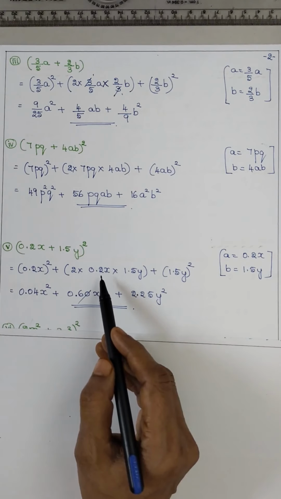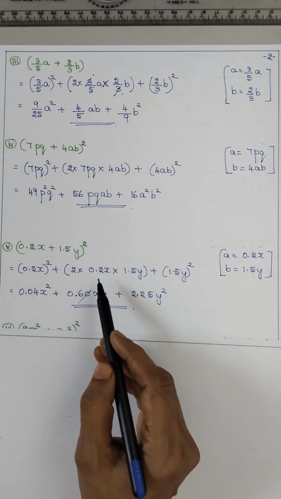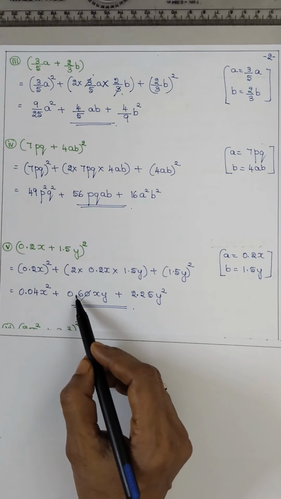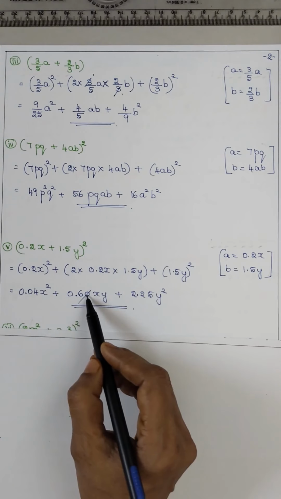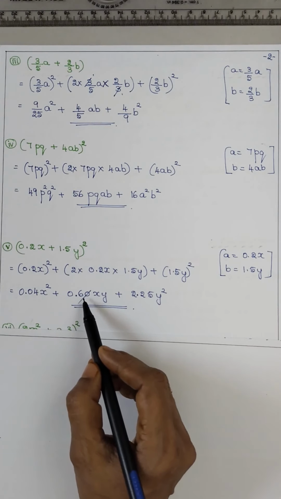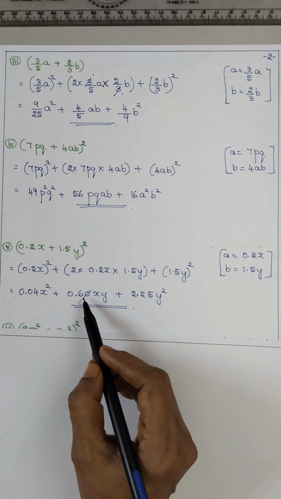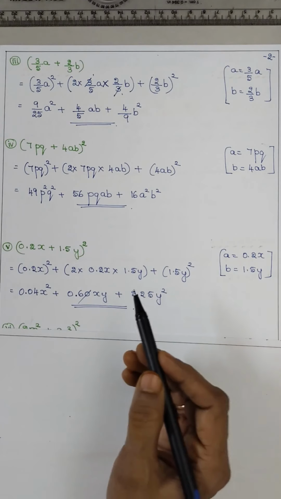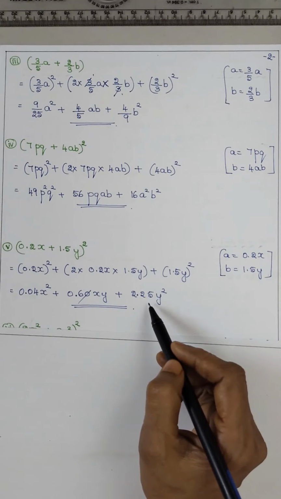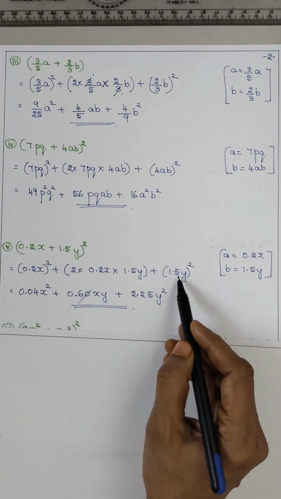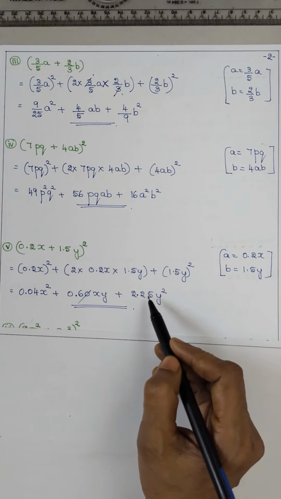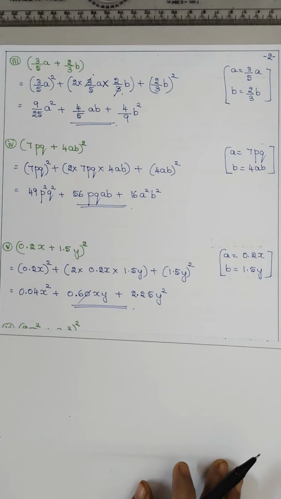Add the decimals means the one decimal multiplied by the one decimal place, in the answer it will be two decimal places. So 60, right, 1 2, then decimal place. But this zero has no value. In decimal places, if there is a zero on the right side, it has no value. Cancel it, the answer will be 0.6xy. Now the square of 15 is 225. In the question it is 1.5. The square of one decimal will be two decimals. So count from the left side 1 2 and then the decimal point.